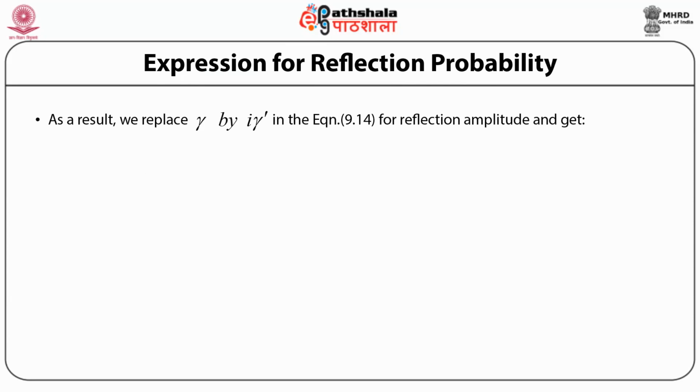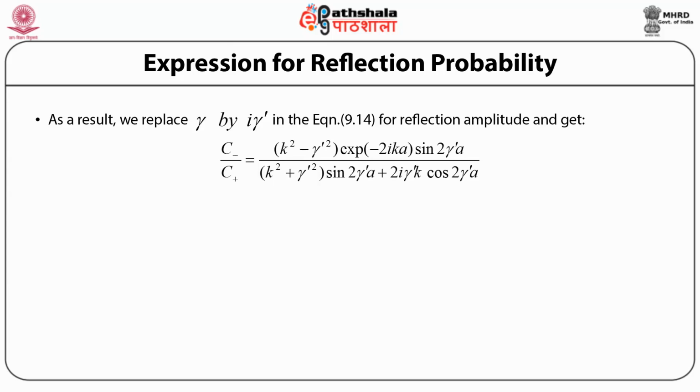As a result, we replace gamma by i gamma prime in equation 14 for reflection amplitude, and we get C minus by C plus is equal to k square minus gamma prime square into exponent minus 2 i k into sine 2 gamma prime a divided by k square plus gamma prime square into sine 2 gamma prime a plus 2 times i gamma prime k into cos 2 gamma prime a.